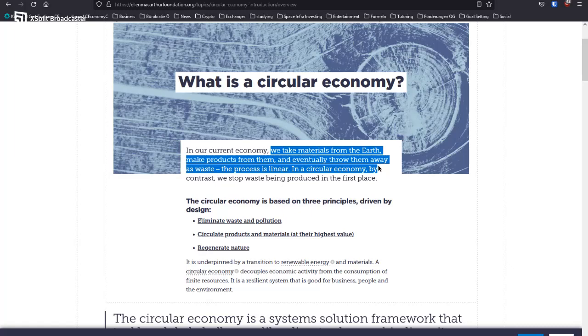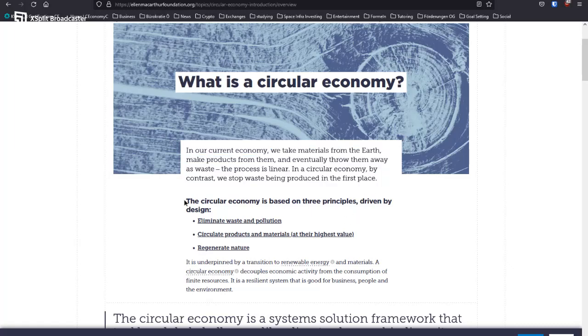So we can't maintain the stock, nor the quantity or the quality of the stock. In a circular economy, by contrast, we stop waste being produced in the first place. So there will be no waste, and the process of designing out waste is one of the key aspects in the circular economy.